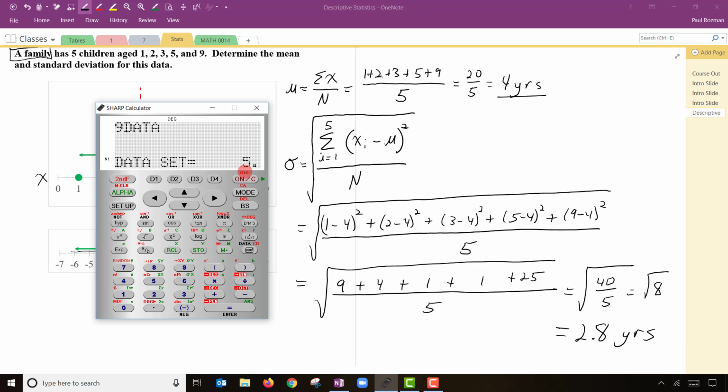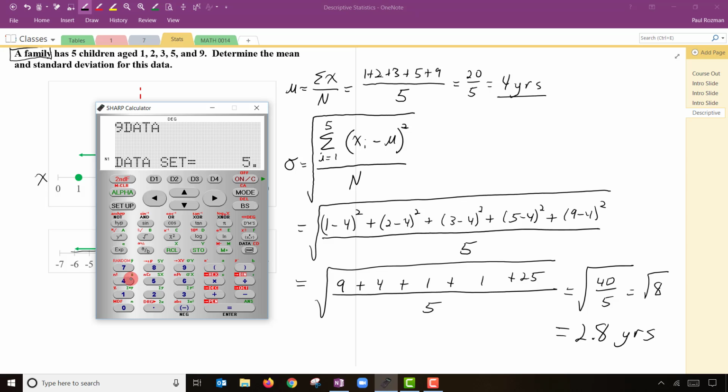If I want to now calculate the mean, if you look above the buttons, you see that there's green. I think on your calculator, they're also green, or a bluish green. You'll see that above the 4, there's an X bar button. So that's your mean.